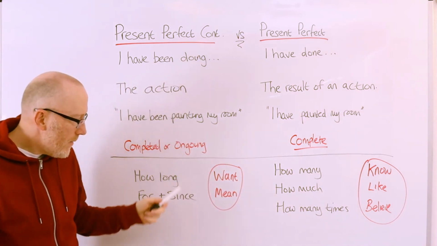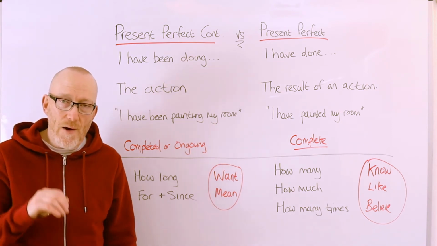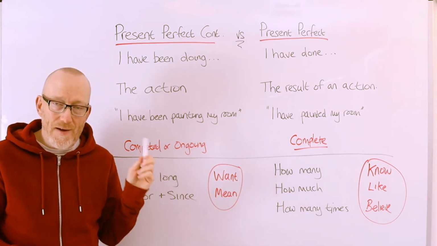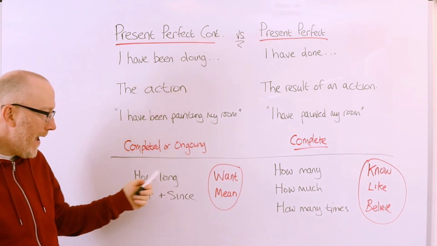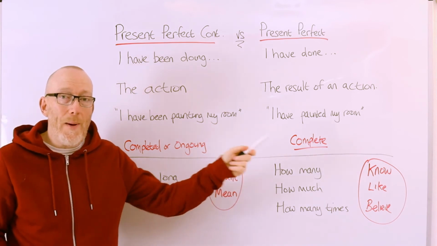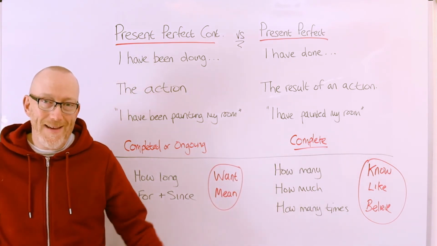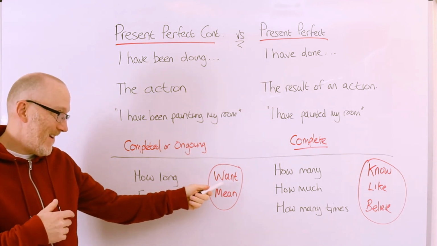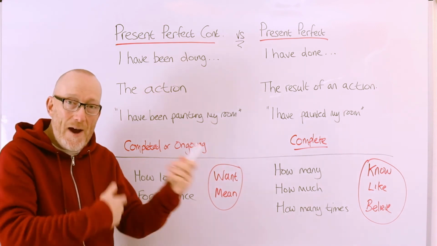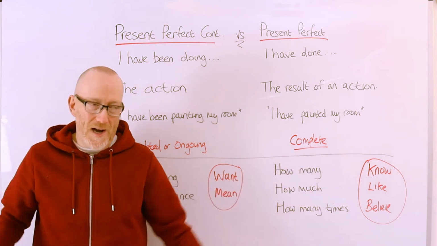But there are two verbs like want and mean which work very, very naturally in the present perfect continuous. So for example, I have been wanting to paint my room for a long time. So I'm describing my desire to carry out a task, and my desire has been for a long time.